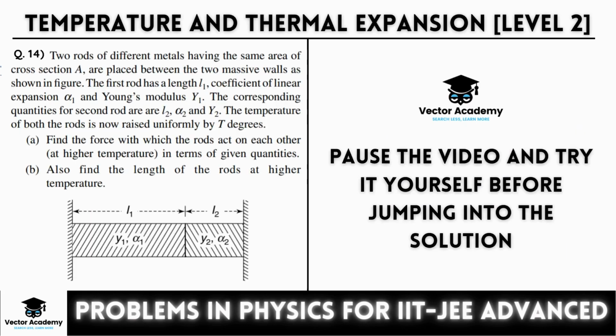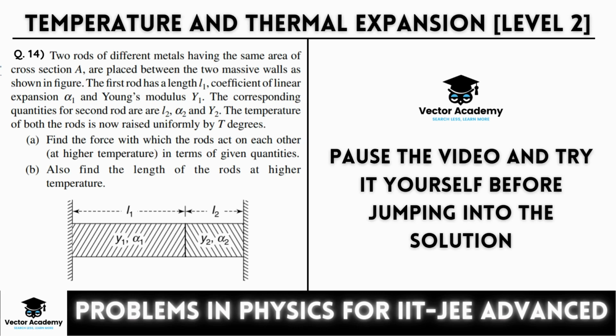Question 14. Two rods of different metals having the same area of cross-section A are placed between two massive walls as shown in figure. The first rod has a length L1, coefficient of linear expansion alpha-1 and Young's modulus Y1.